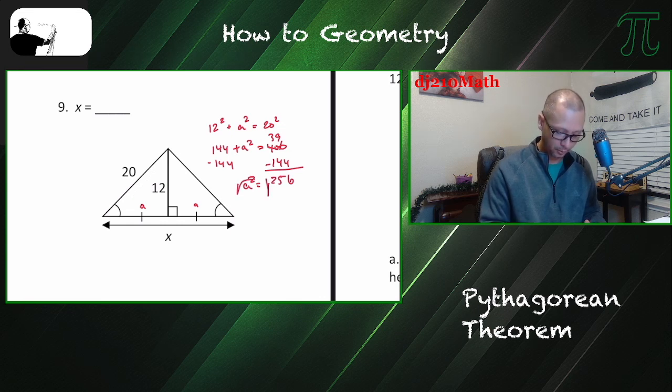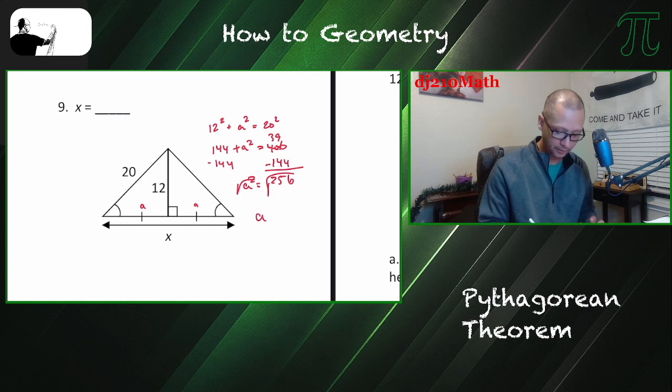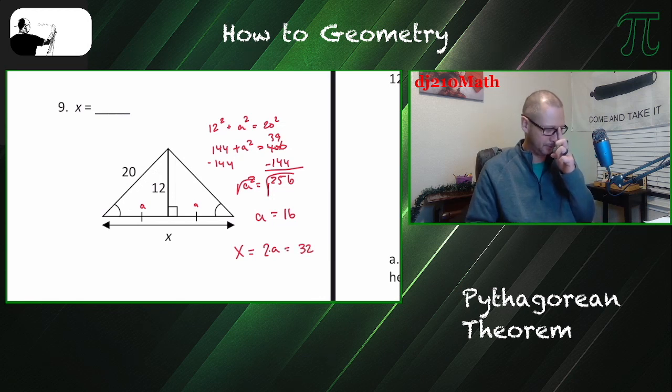Take the square root of both sides. Is 256 a perfect square? I feel like it is. I feel it's going to be 16, but that is just a guess. Let's see. I do have my Inspire handy. 256 is 16. So a is equal to 16. So if a is 16, x is going to be 2 times a, and that's 32. So x is equal to 32.